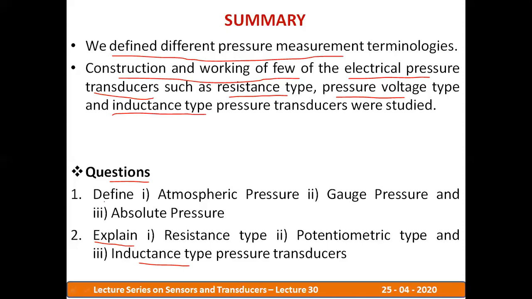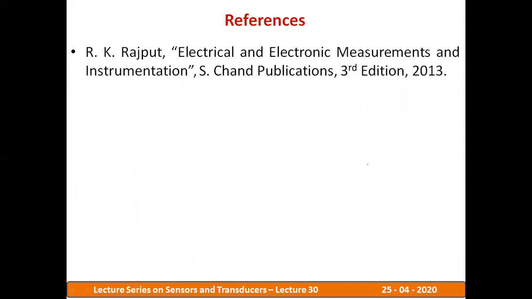A question can also be asked to define atmospheric pressure, gauge pressure, and absolute pressure. This question has been asked in the previous year's question paper. A question was also asked on inductance type pressure transducers. This is the reference textbook. Thank you.